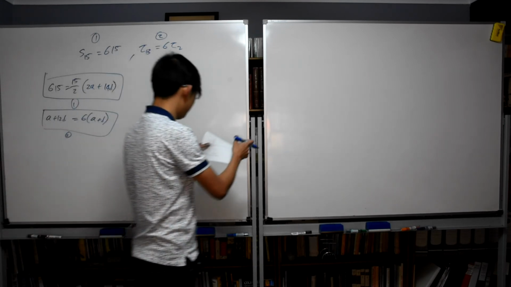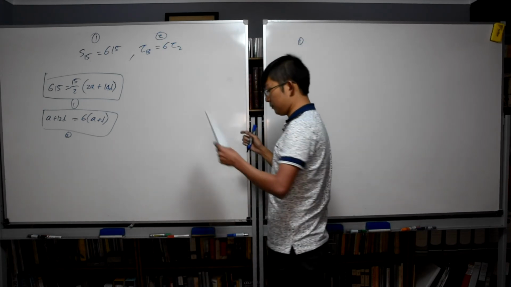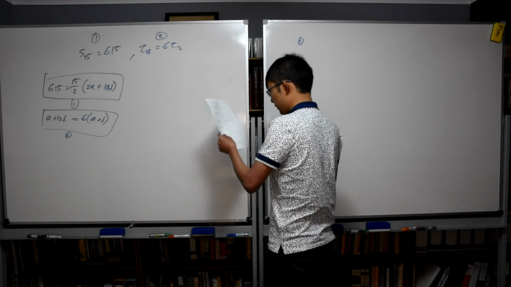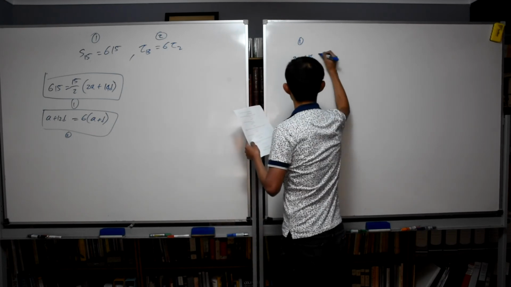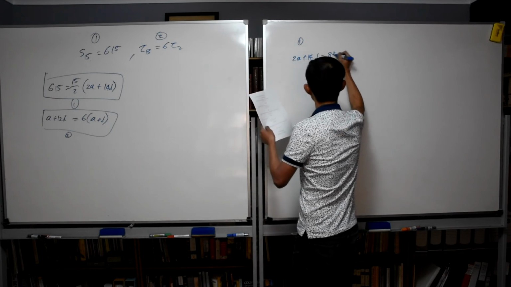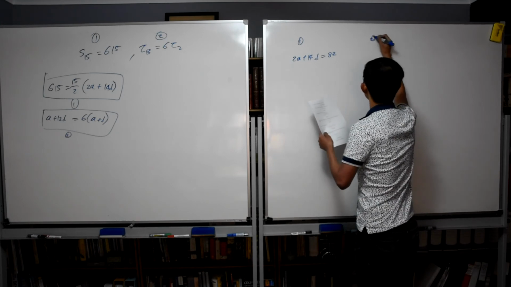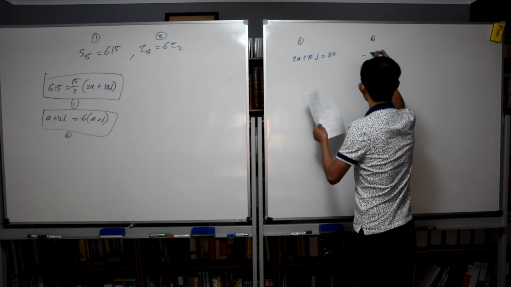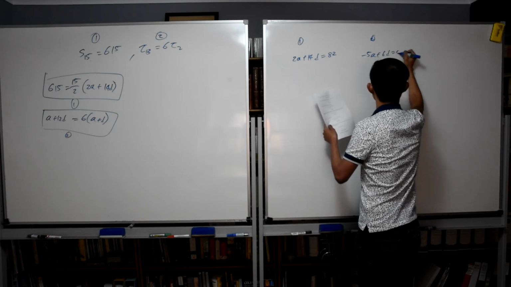Simplifying all of this, we see that equation 1 is given by 2a plus 14d is equal to 82. And we see that equation 2 is given by minus 5a plus 6d equal to 0.